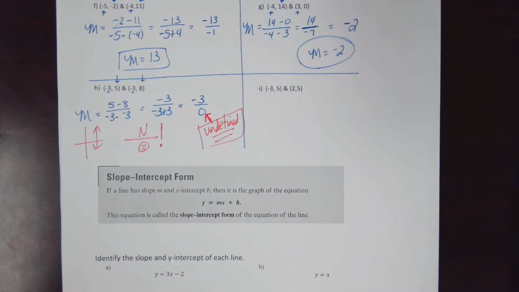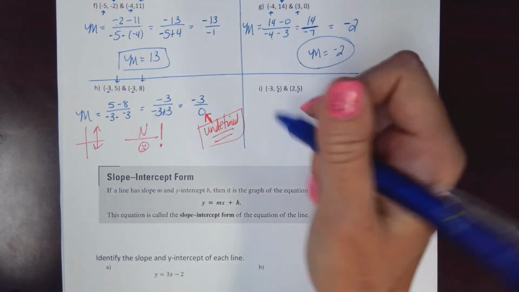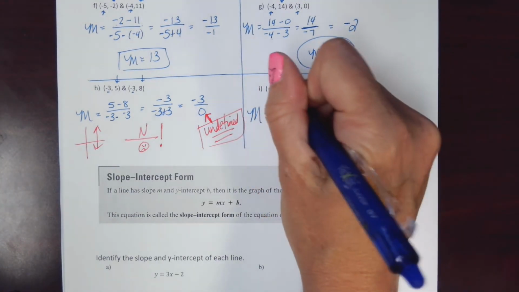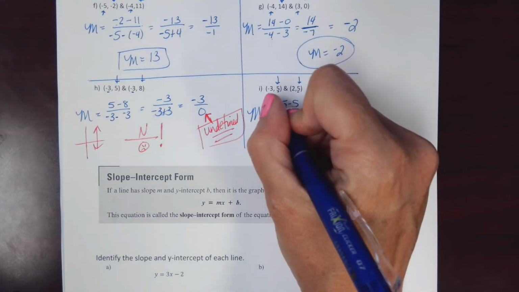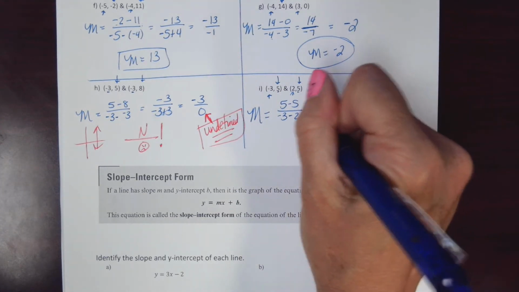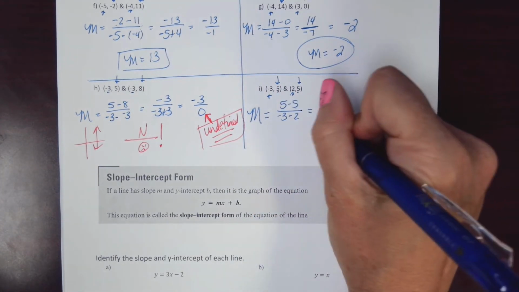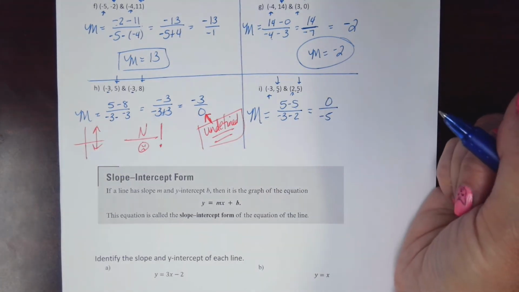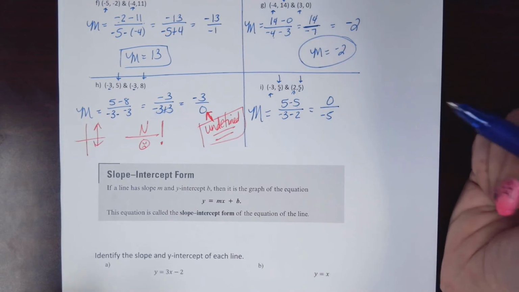What about this one? For this last one here, I see that my y values are the same. So let's see what that does to my calculation. I start with those y values in my numerator, 5 minus 5. My denominator is going to be negative 3 minus 2. Well, anything minus itself is 0, and my denominator is a negative 5. But you know what? When I have 0 in the numerator, 0 over anything, that's just 0.